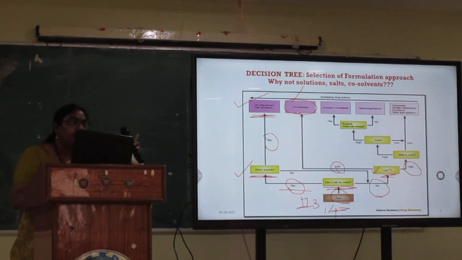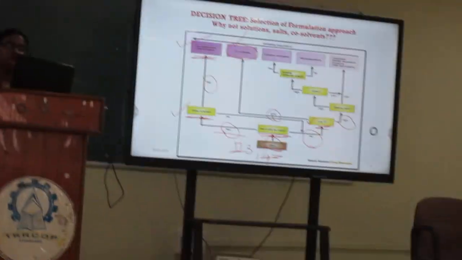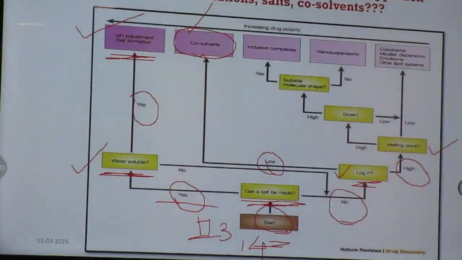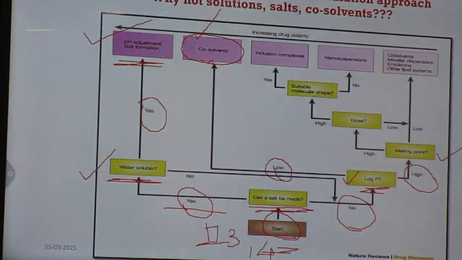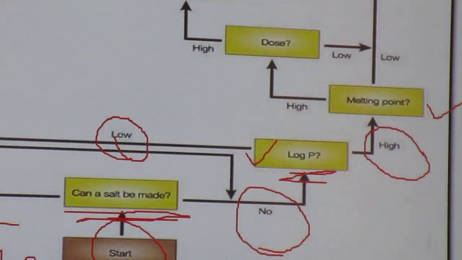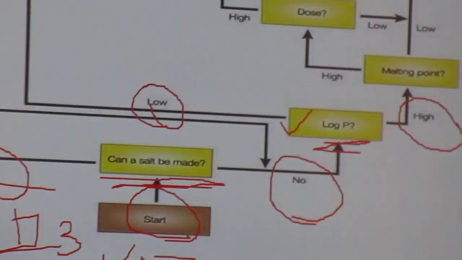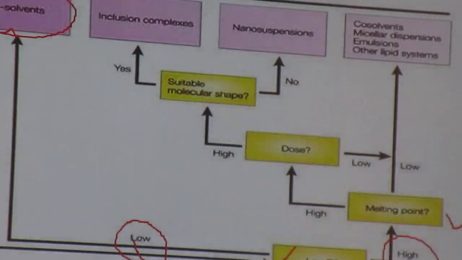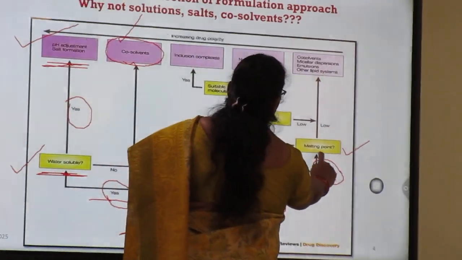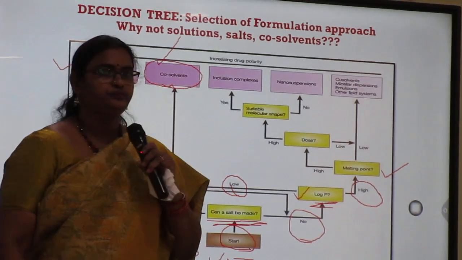Log P is greater than 3, high. So what is the next important point you have to look for? Melting point. Agree? Log P is now greater than 3. So the next important property which you have to look is melting point.